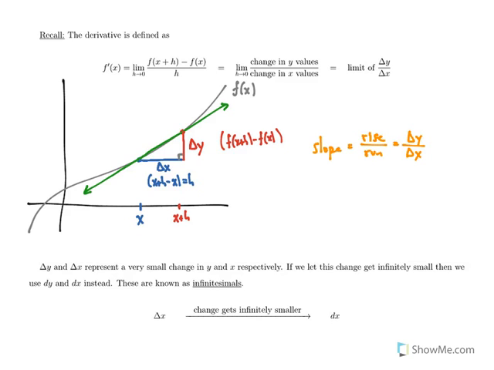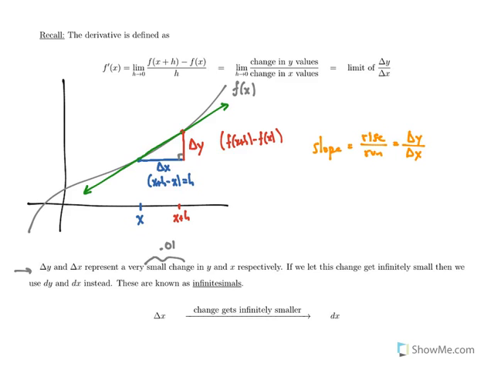So delta y and delta x represent a very small change in y and x respectively. However, if we let this change get infinitely small, so now it's not just a small change, like maybe 0.01 or something, what if we let it be infinitely small? In that case, we have something called an infinitesimal.